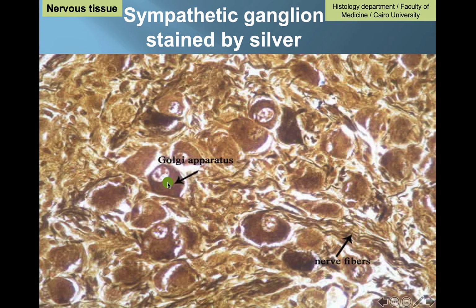When we have this label on a structure stained brown inside the body of the nerve cell, you should mention that it is the Golgi apparatus. And this is the nucleus. In between these nerve cells, we have unmyelinated nerve fibers present between the bodies of the nerve cells. And you have a scattered appearance, so this is a sympathetic ganglion stained by silver.